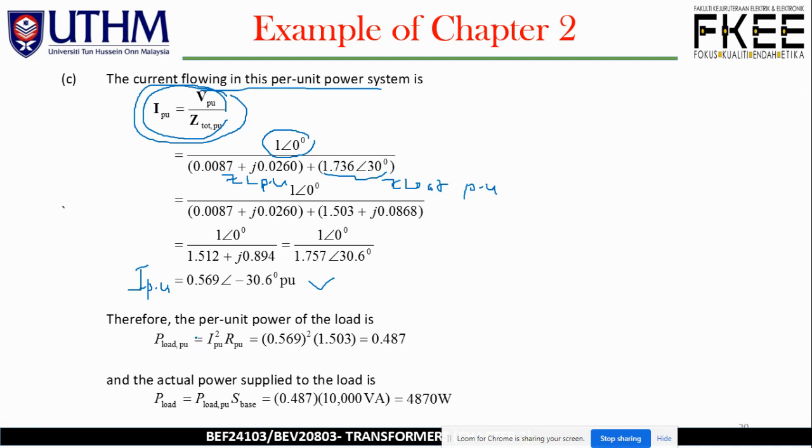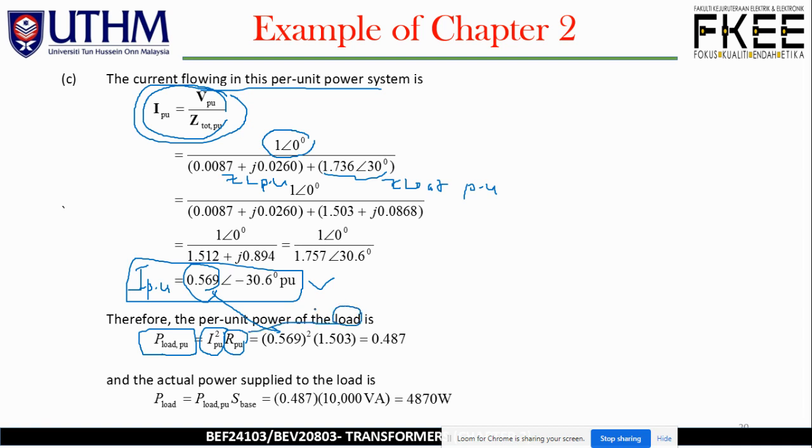Therefore, the per unit power of the load is, since we have calculated the value of IPU, we can actually calculate the load PU power, equal to I squared PU times R PU. So I squared is this value, and we square it. What about R PU? This is the resistance value for the load.